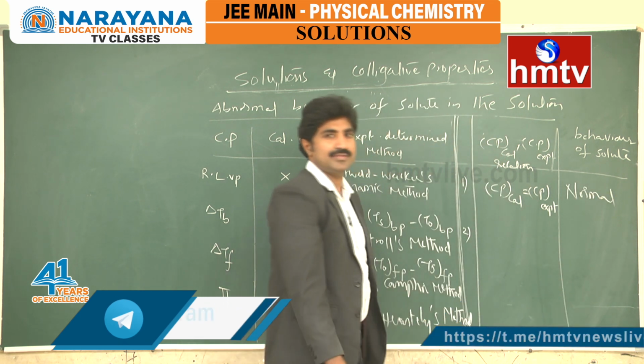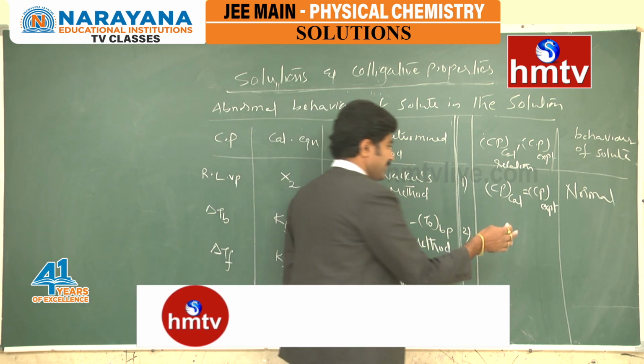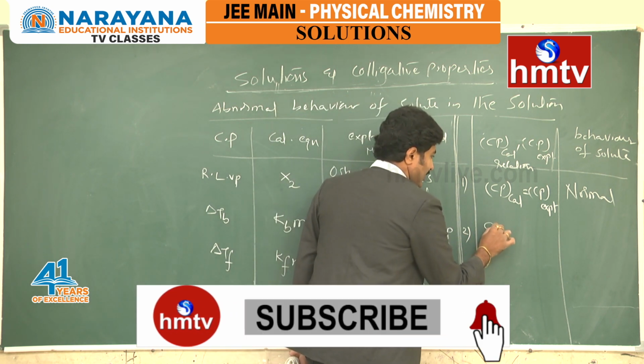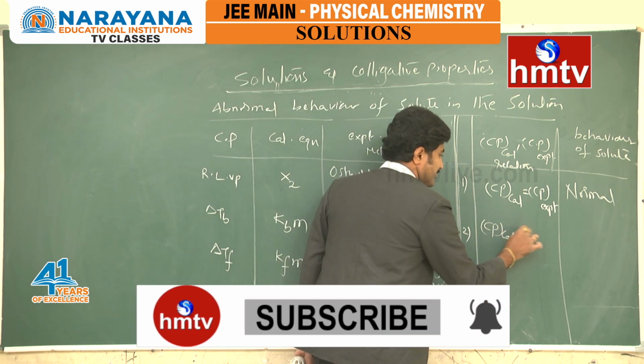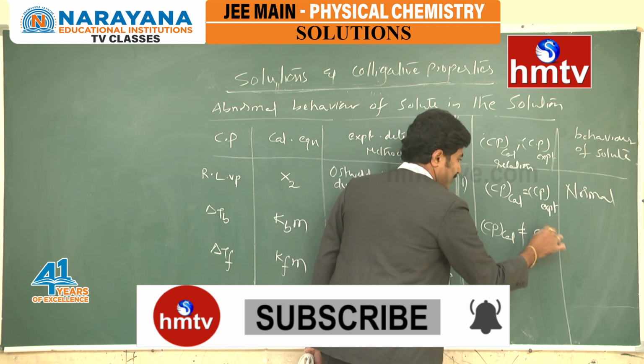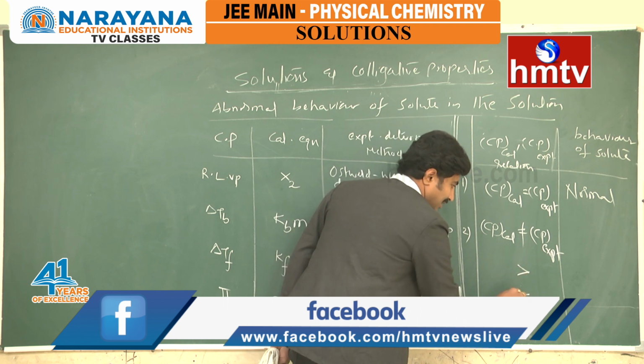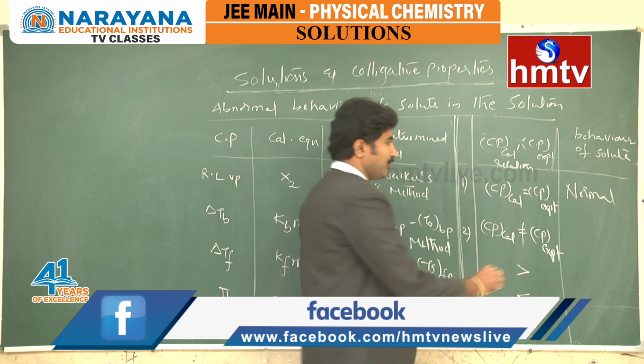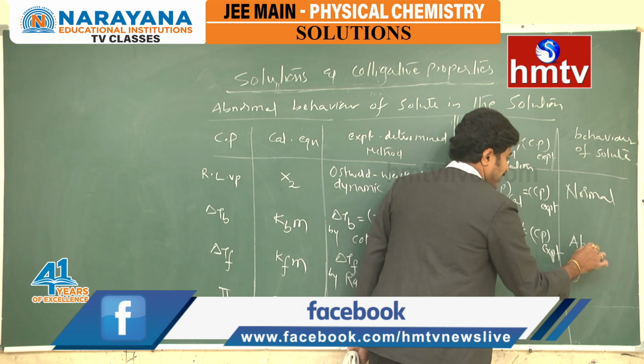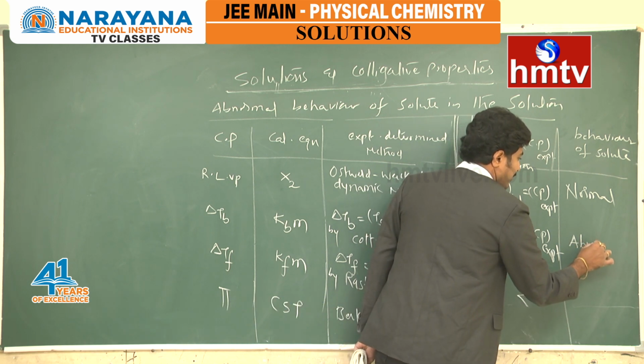The solute behaves in a normal manner. If the calculated colligative property value is not equal to the experimental value, which may be greater than or less than, two cases, in both cases the solute behaves abnormally.